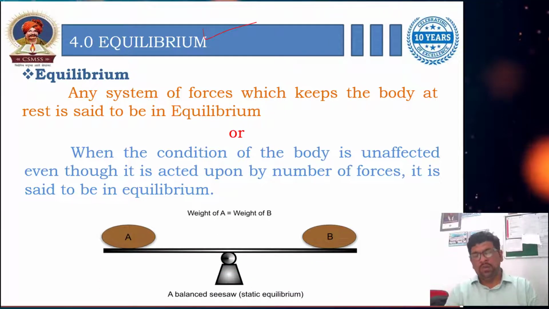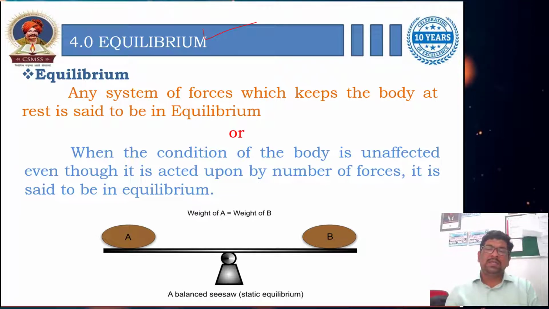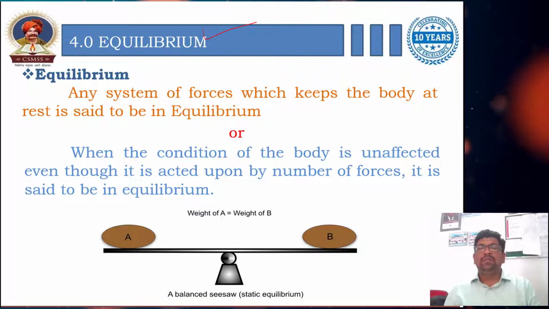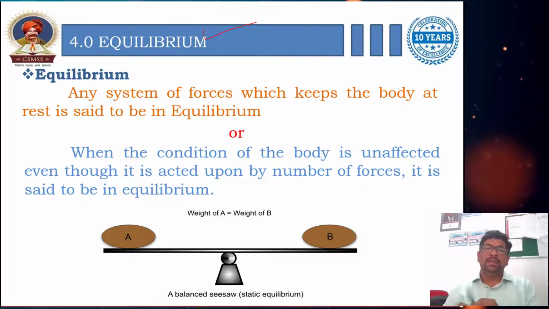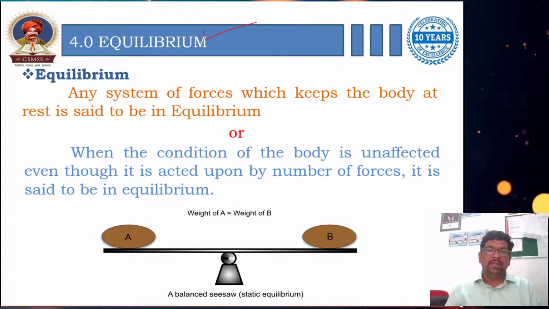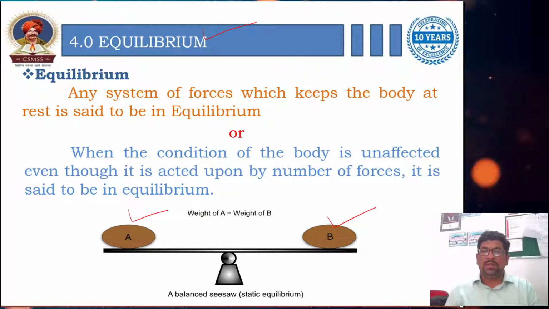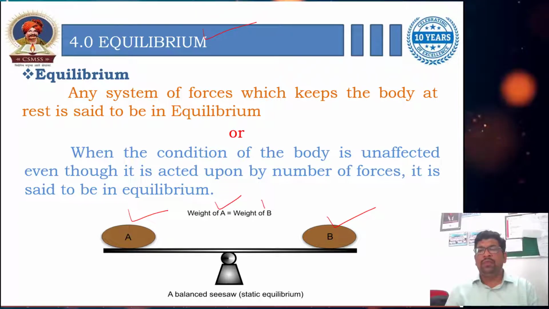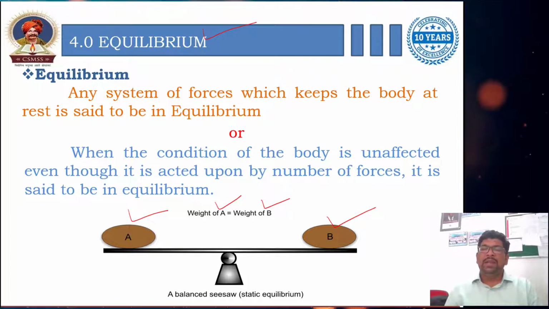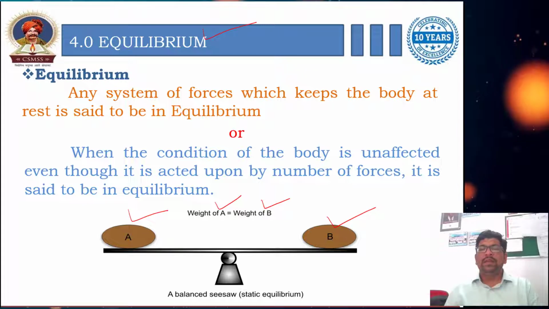Just have a look at the example of this seesaw. Here you can see that two different loads, A and B, are applied, where A has some mass and B also has some mass. It is also mentioned here that the weight A is equal to the weight B, and as weights A and B are equal, it is balanced.